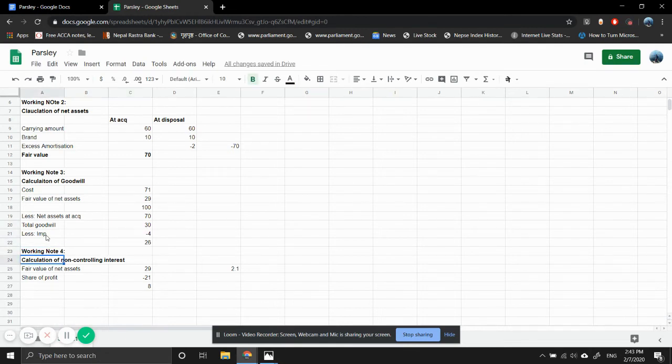So let's translate this figure. Translate all this. Goodwill translation. So first things first, particulars, and then opening balance, any impairment, and closing balance, right?